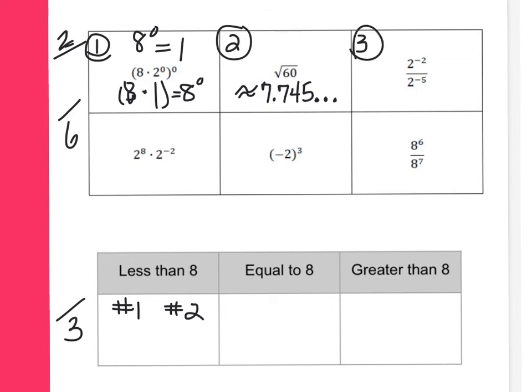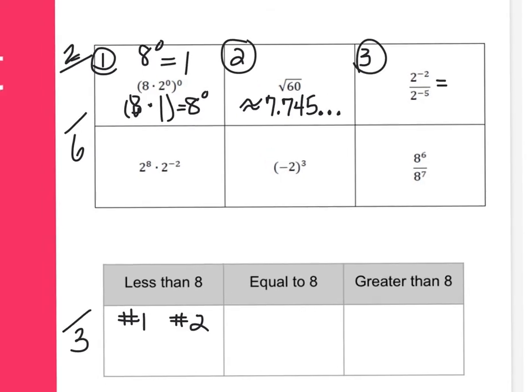Number 3, 2 to the negative 5 divided by 2 to the negative 2 power. How do you make the exponents positive? Well, you have to do the reciprocal. So when I do the reciprocal, it's 2 to the 5th divided by 2 to the 2nd, right? Because the 2 to the negative 2 that is in the denominator goes to the numerator, and 2 to the negative 5th goes to the numerator.